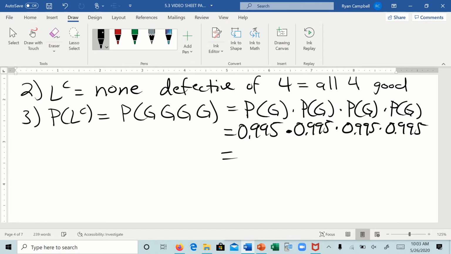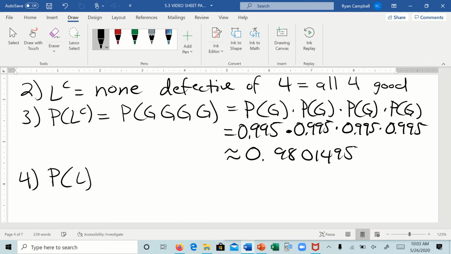We should get about 0.9801495-ish. So part 4, last step, we just have to subtract that from 1, because that's the one case that we don't want. So 0.9801495, if we subtract that from 1, we get 0.01, nope, we round correctly, 0.020.